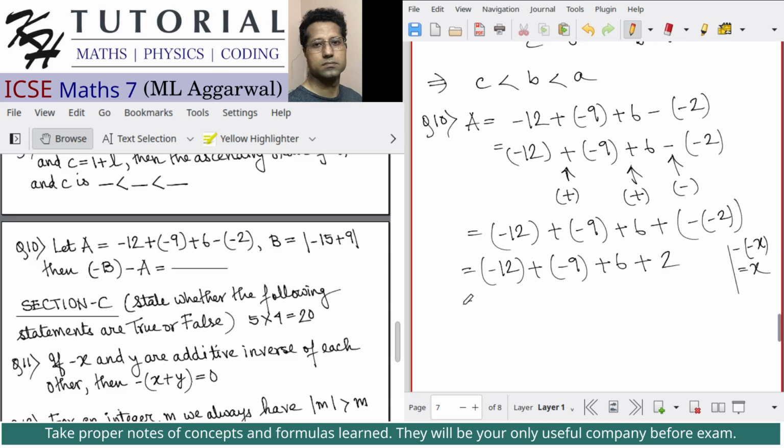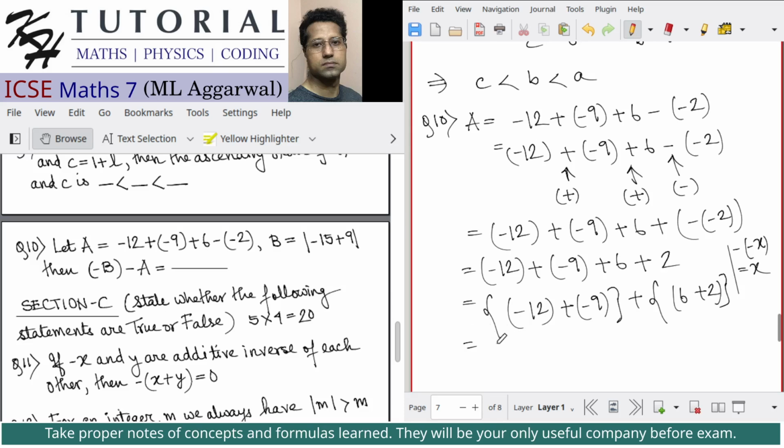So now we have addition of integers, where we are adding more than two integers, where some integers are negative and some are positive. So we will separately add the negative integers and the positive integers. We have minus 12 plus minus 9, and then we add 6 plus 2.